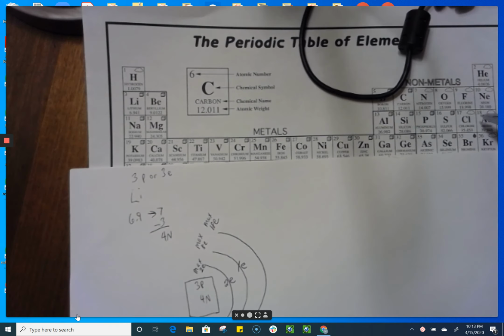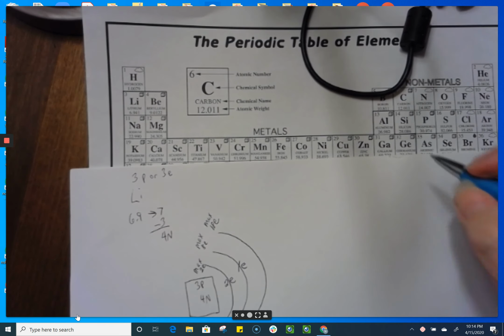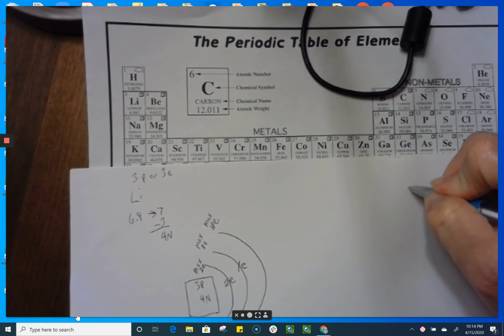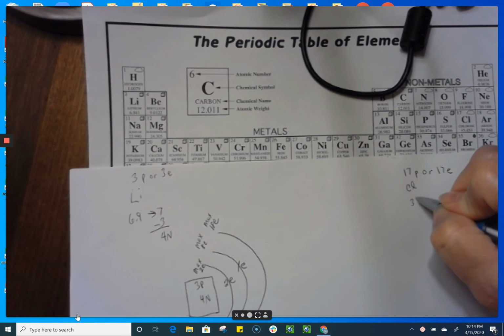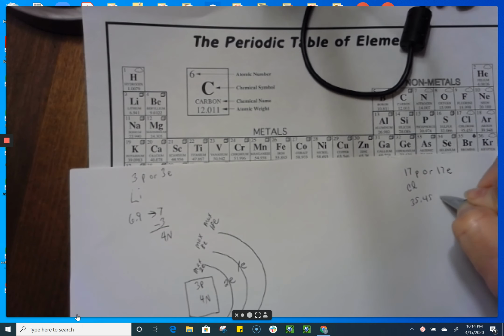Now let's combine it with chlorine. And chlorine has 17 for the atomic number, which means it has 17 protons or 17 electrons. Its atomic weight is 35.45, which means it's going to round down to 35.